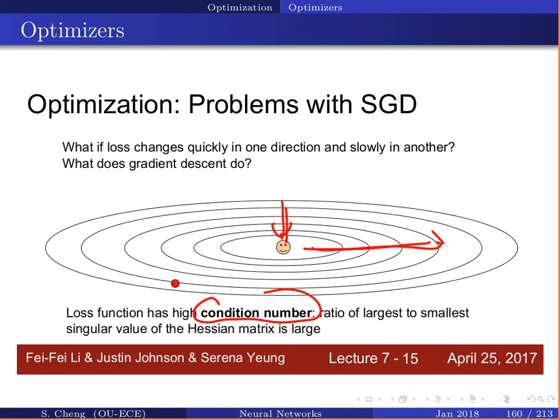Of course, if the condition number is big, then it means some of these axes are much bigger than the other axes. I want to emphasize that this is actually pretty common in reality, because remember that we are always working in really high dimension.